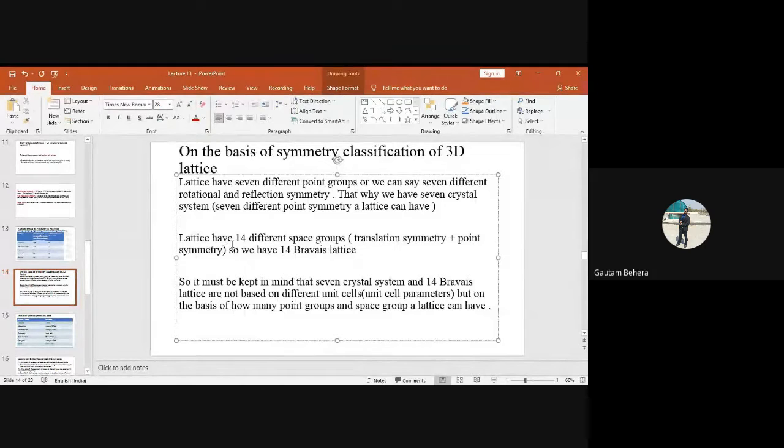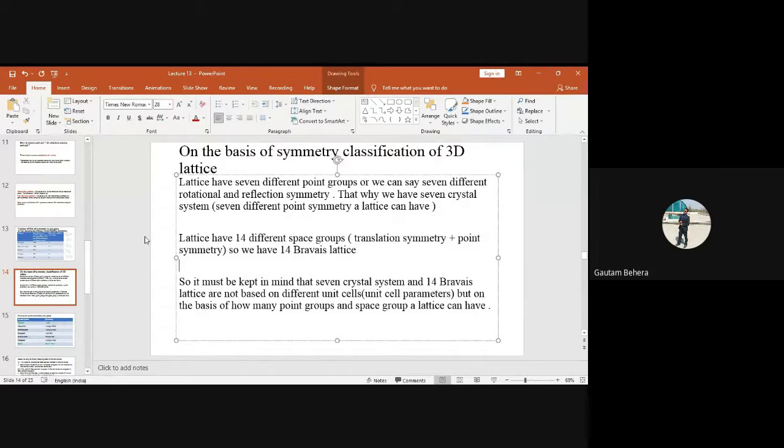Now, lattices have 14 different space groups, that is, translational symmetry plus point symmetry. So we have 14 Bravais lattices. Some people ask why we do not have 15 or 16 Bravais lattices. We can have, but we do not have, because we have only 14 different space groups.